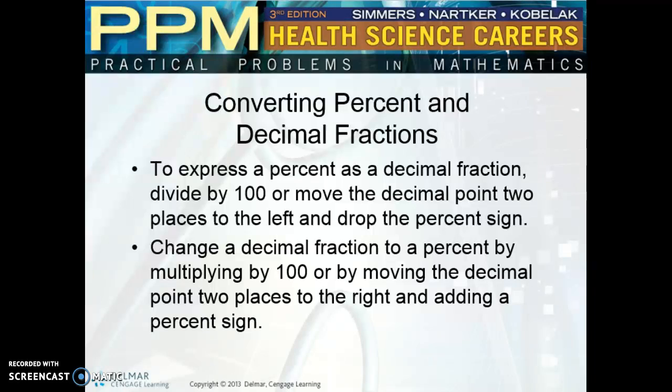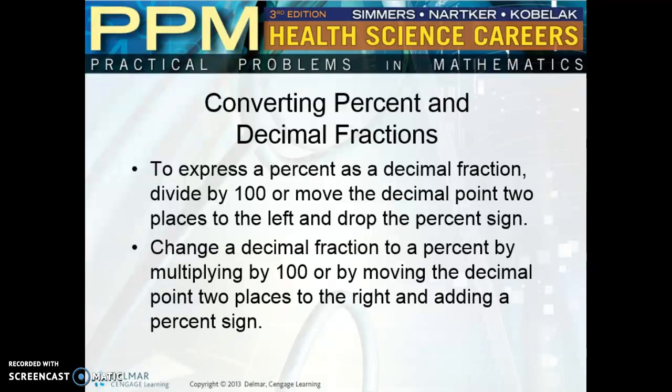Then the next step is going the opposite direction, going from a decimal to a percent. So it's the opposite of what we just did. So to go from a decimal to a percent, we're going to move the decimal 2 places to the right, and we're going to tack that percent sign on the end. So if we had 0.5, for example, we're going to move it 2 to the right.